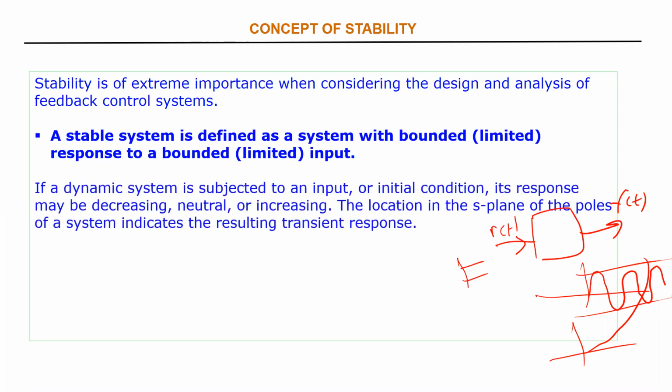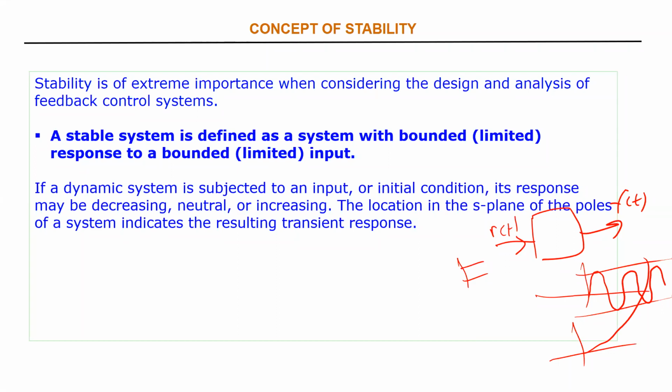So if you have a bounded input, or an initial condition, then if the response decreases, the system is stable. If it just oscillates, we call it neutral or marginally stable, or it will be increasing.